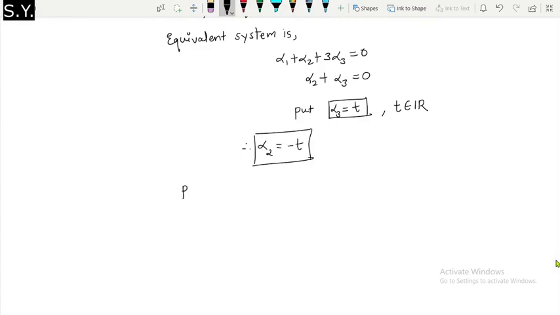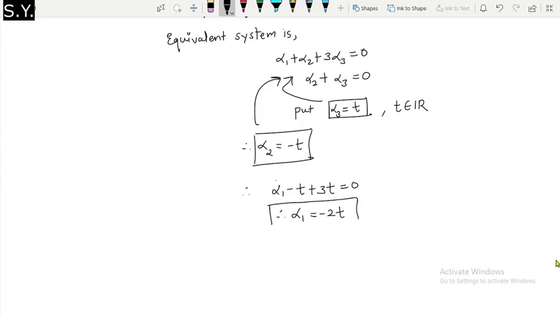So put alpha 1 and alpha 2 in alpha 1 plus alpha 2 plus 3 alpha 3. You are going to use the values here. So therefore what you are going to get is alpha 1 minus t plus 3t, which will be equal to 0, and therefore alpha 1 will be minus 2t.